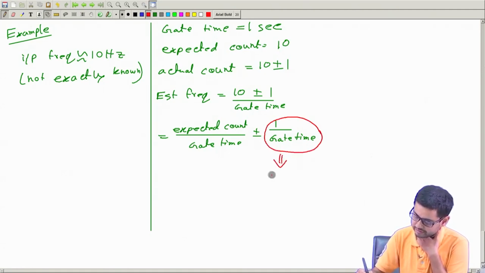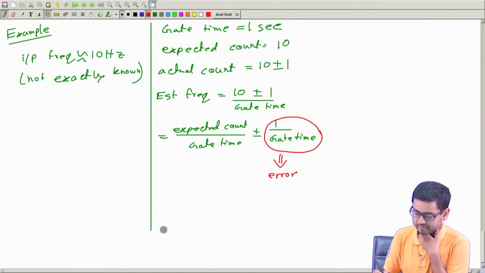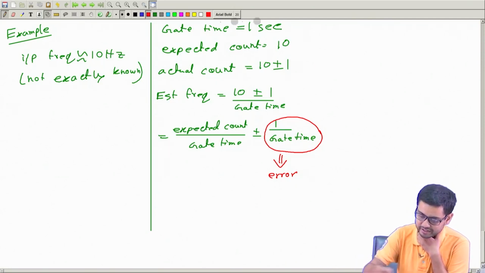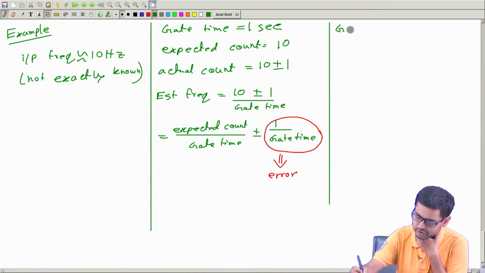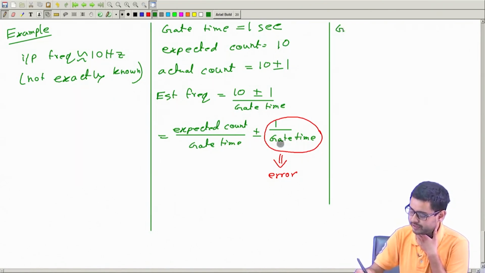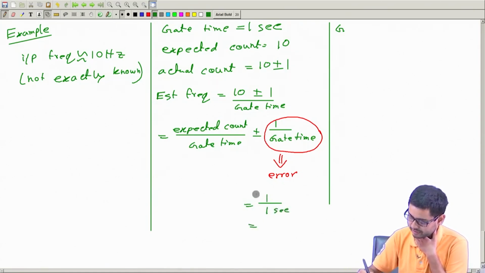Similarly, if I put the value of gate time equal to 1 second, then this will come out to be plus minus 1 hertz.